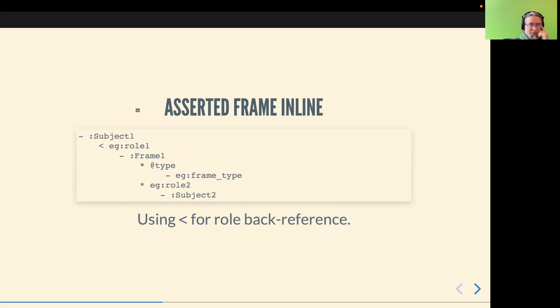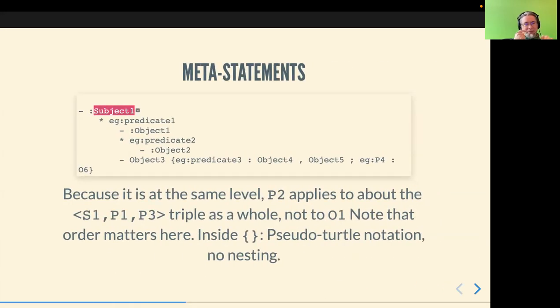I was hoping to do it with an inline frame, and that doesn't work either, because what I want is to have the statement as the subject, and I also want a statement as an object. And that notation doesn't make that easy, unless, of course, oh no, it's fine actually. Well, unless it's a frame. Okay, it's not easy with the triple notation, it's easy with the frame notation. That's it.